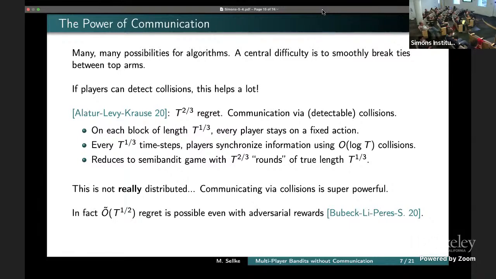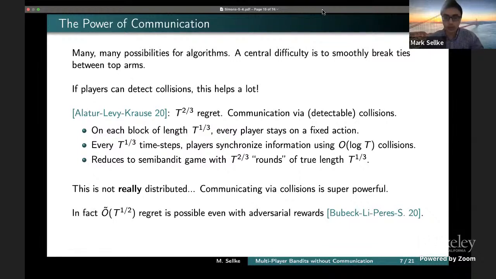The system? Right. So I guess the question is about what I mean when I say there's no communication. Yes. So if communication is really for free, I'm kind of saying communication isn't really for free, but yes, totally, this is basically communication. It's just a hack to get around it.